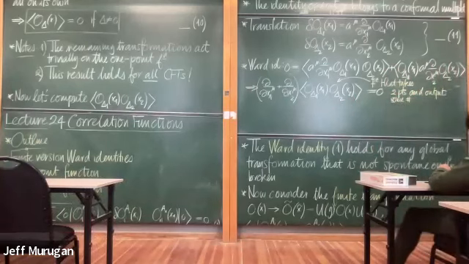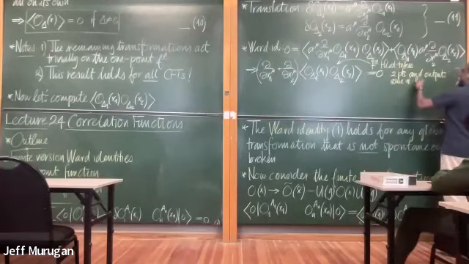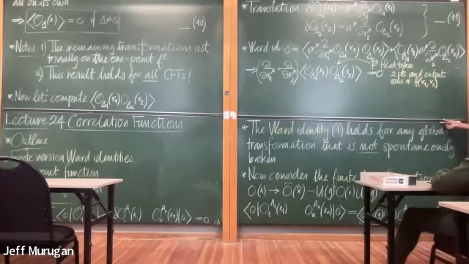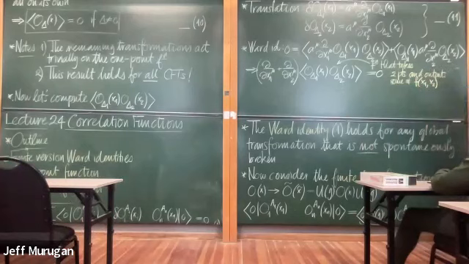In other words, it's just a function of x1 and x2. Let's call it f of x1 and x2. All right? And our job is to determine what that function is.